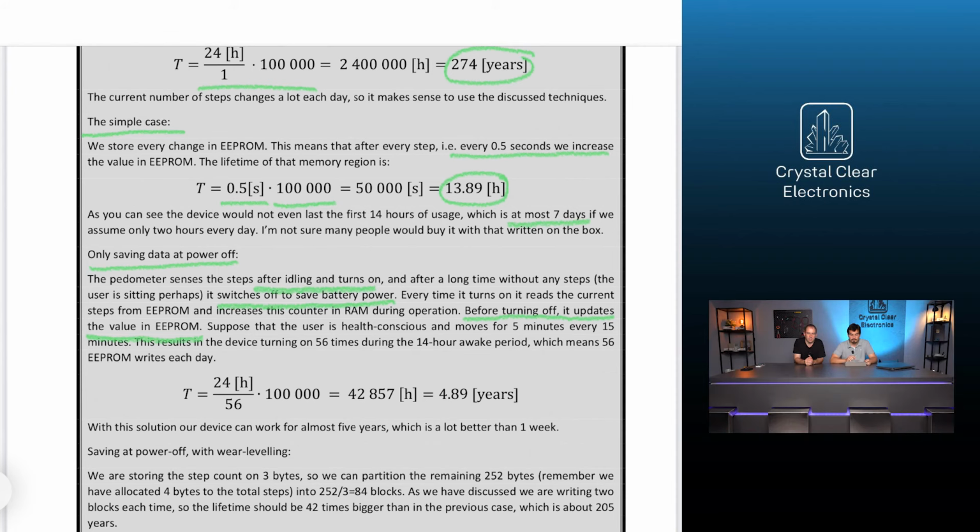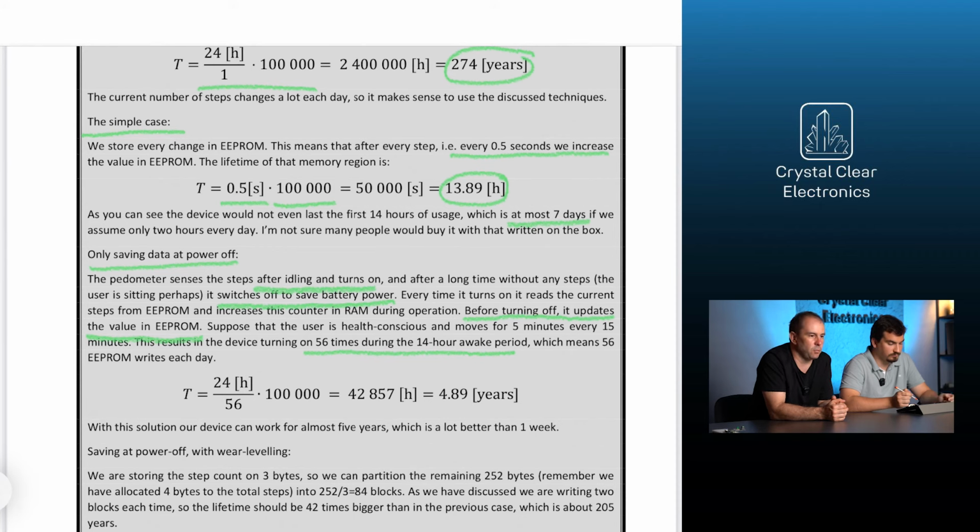Suppose that the user is health conscious and moves for 5 minutes every 15 minutes. This results in the device turning on 56 times during the 14-hour awake period, though the latter is actually irrelevant, it could be more or less. It follows that there are 56 EEPROM writes each day.